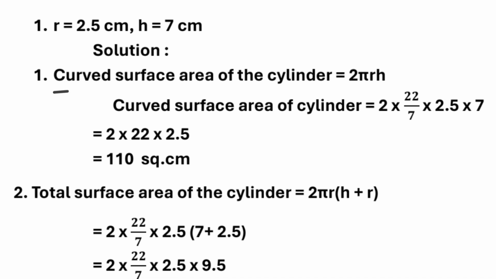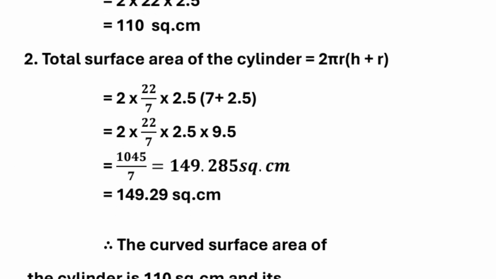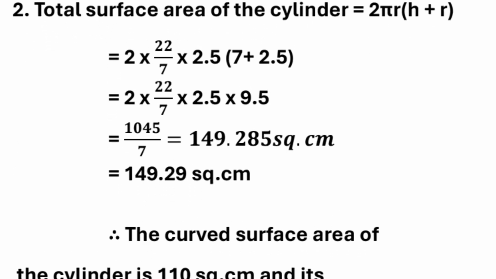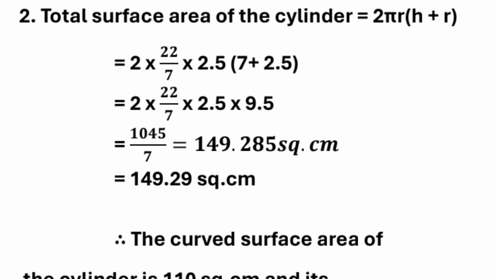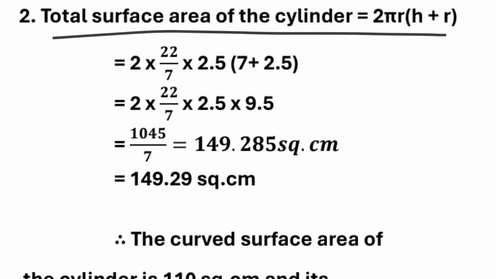That is, the curved surface area of the cylinder is equal to 110 square centimeter. Then next, total surface area. Total surface area of the cylinder is equal to 2 pi r bracket h plus r. Same as in all examples.